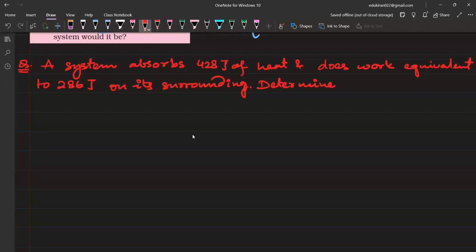Determine the internal energy change in the process.